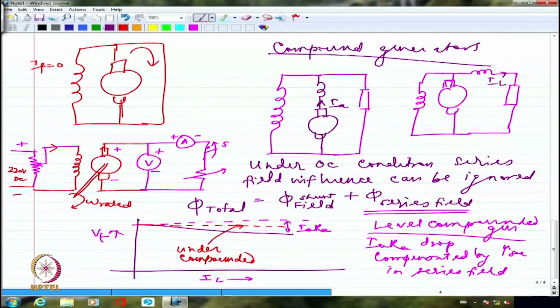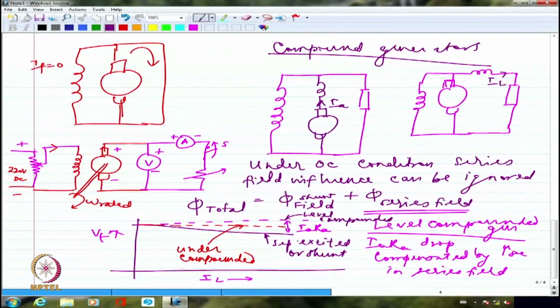This is just the separately excited or shunt. This is roughly the level compounded. If I am getting a flat voltage, it is flat compounded or level compounded. Some people say flat compounded because it is a flat, horizontal characteristic.